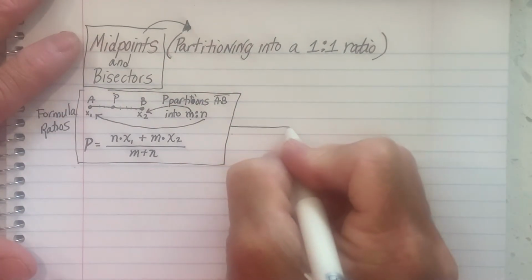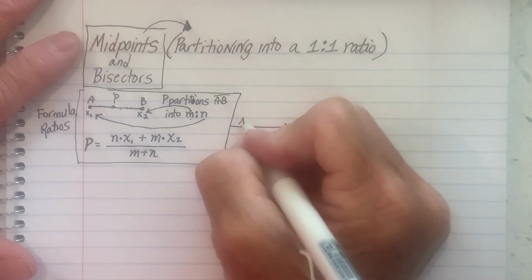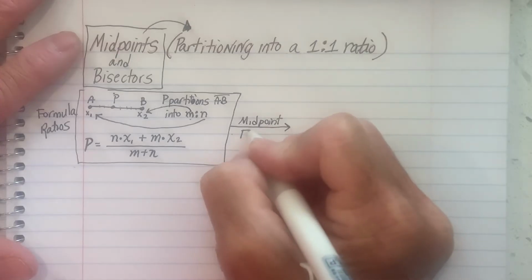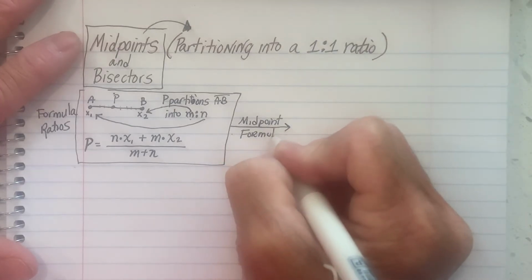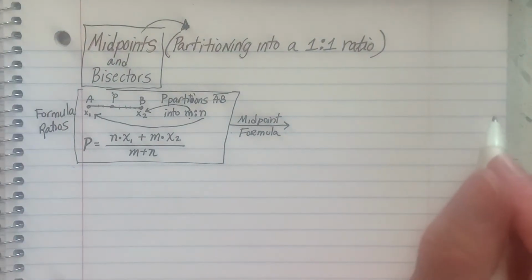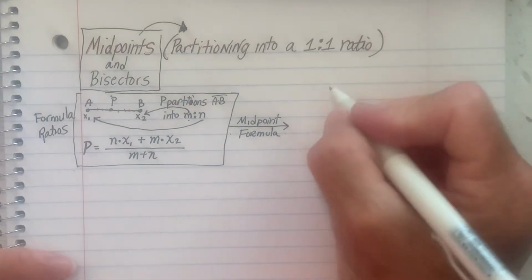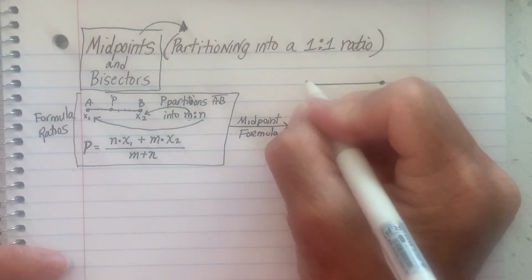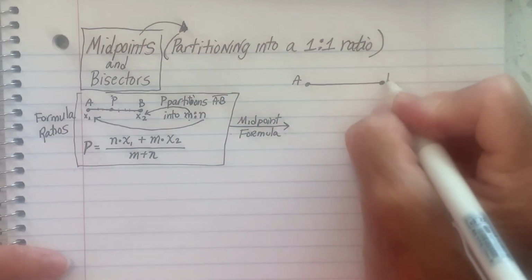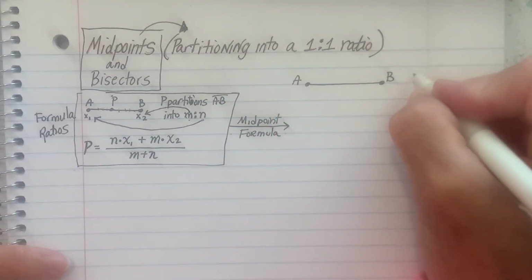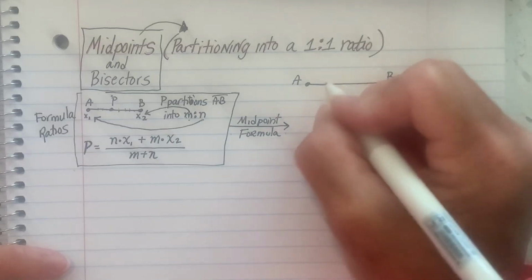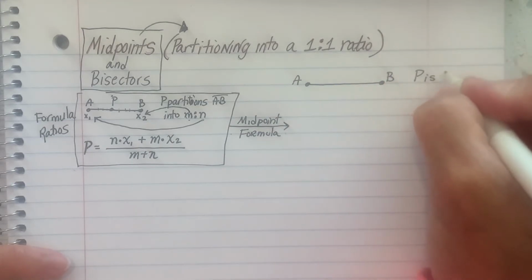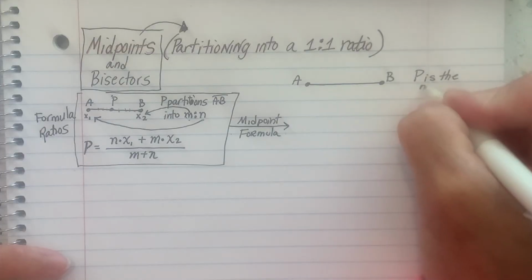Let's use that formula to find a midpoint. We're going to come up with a formula for finding the midpoint, okay? So we're going to find the midpoint formula. This is called a derivation. So if we have that same segment AB, and in this case, P doesn't split it into a ratio M to N, P is the midpoint.